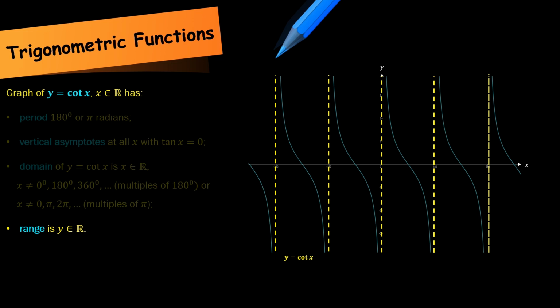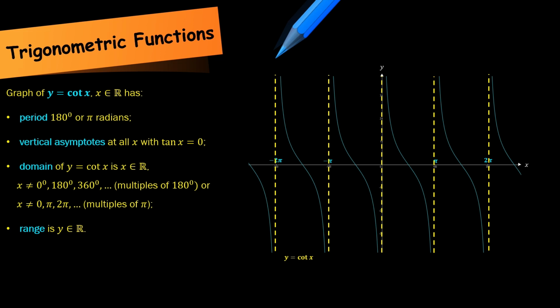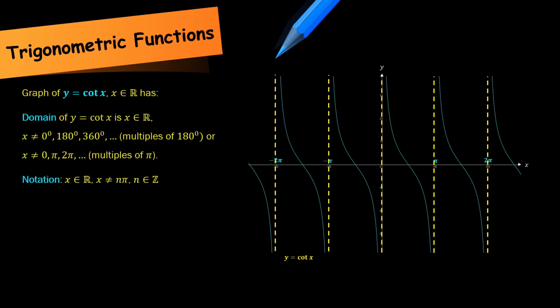And its range is y in the real numbers. In notation, the domain of y equals cot x can be written as x in the real numbers with x not equal to n times pi, where n is an integer.